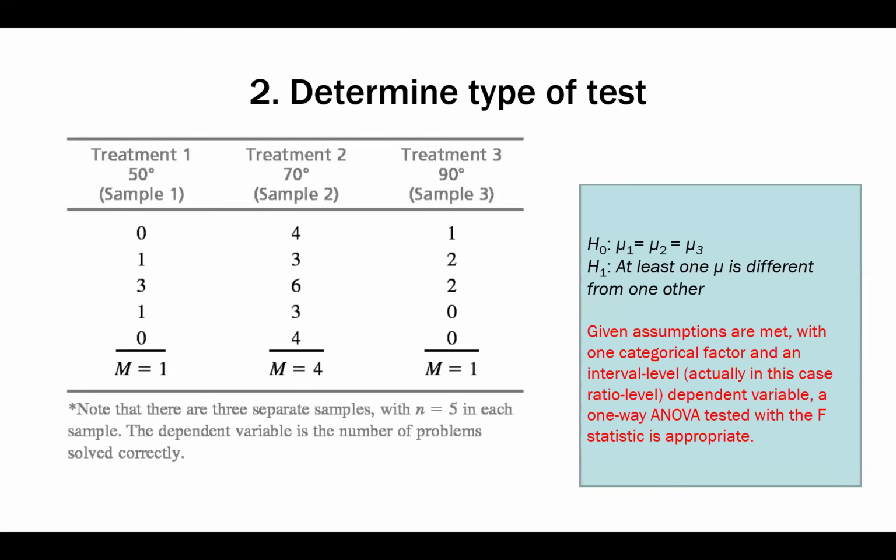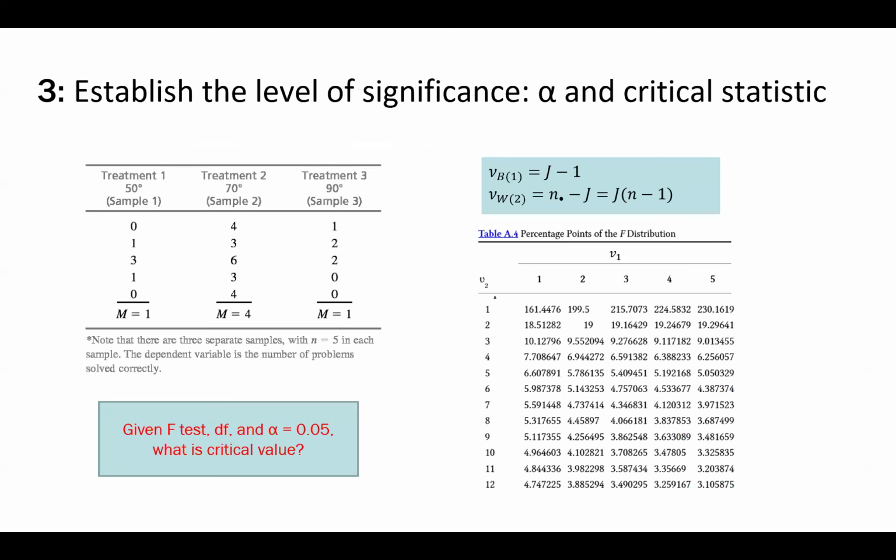If you can remember, step 3 is establishing the level of significance, the alpha, and the critical statistic. So I am going to say, yes, we're doing the F-test, we met the assumptions. We're all going to say that.